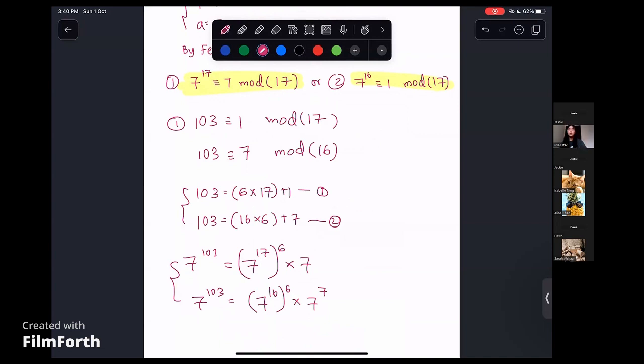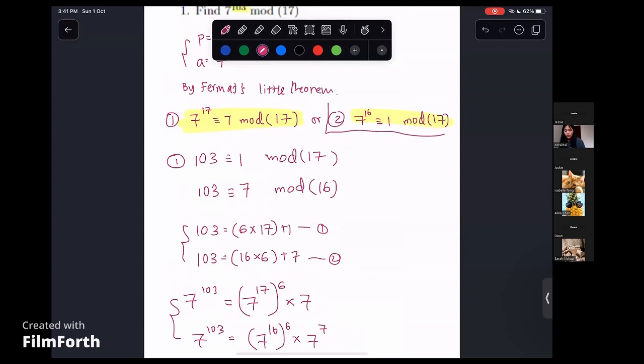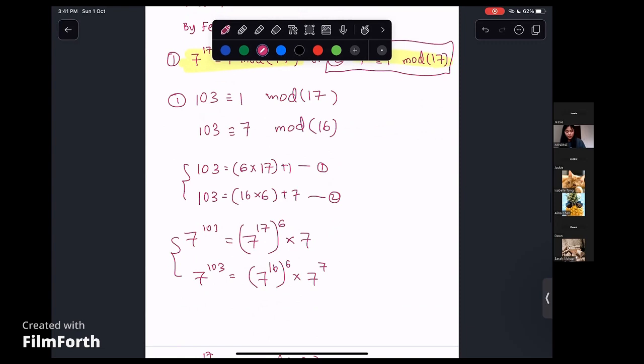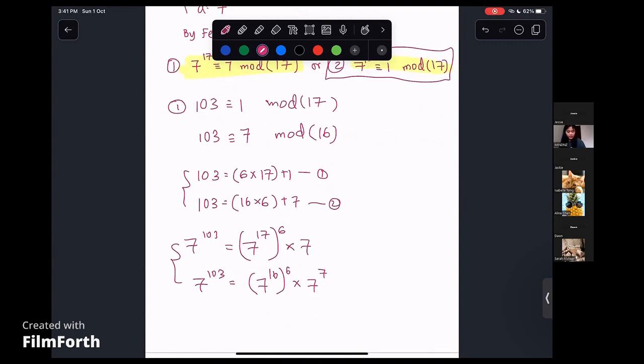Personally, I think I like to use the second one because I find dealing with 1 is a lot easier than dealing with 7 or some other number. So if we were just to look at the second example, we know this is true.